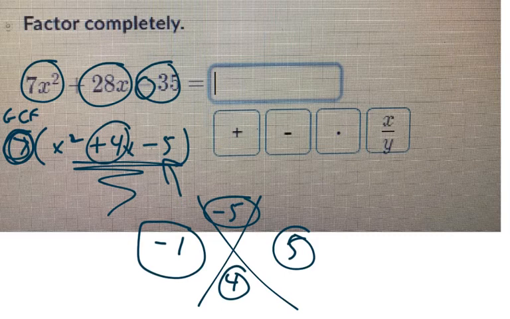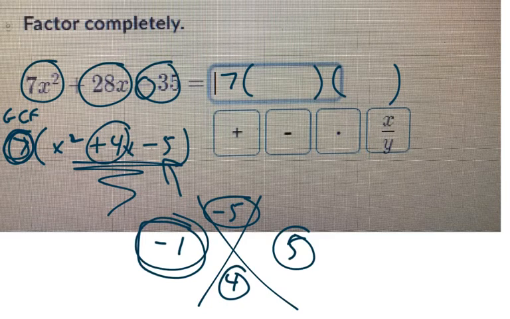We got it. So our answer is going to be 7, don't forget the GCF, parentheses, x minus 1, and x plus 5. So what have we learned so far is sometimes we got to do that GCF first before we can do the x method. All right?